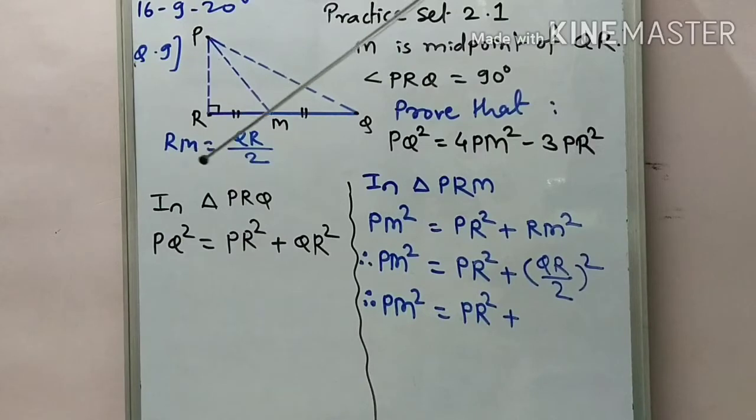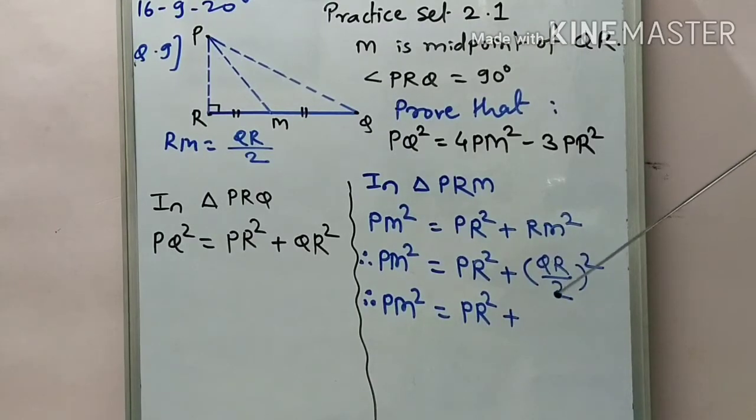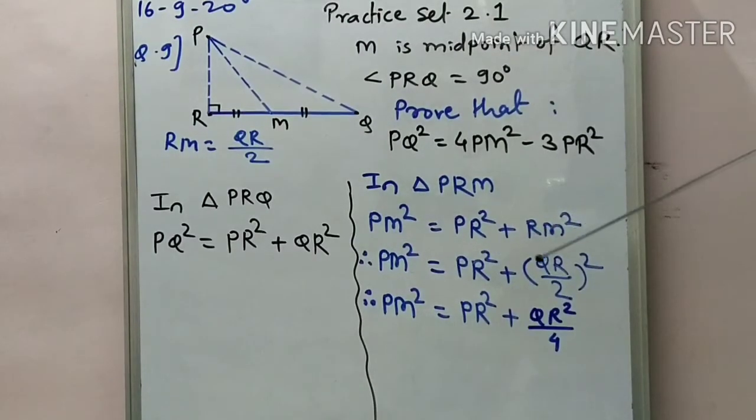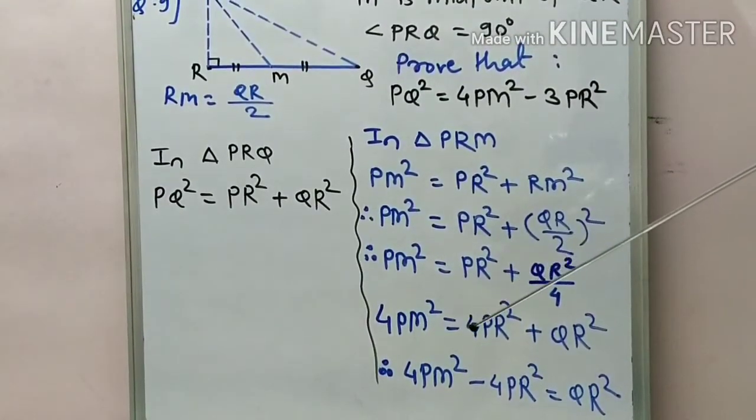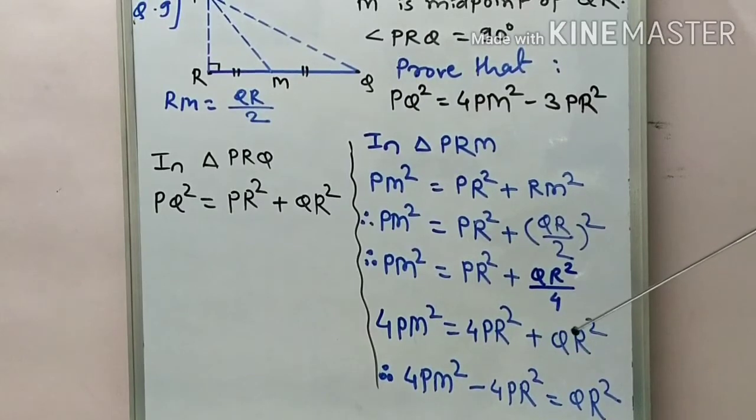Like this. RM is what? QR upon 2. So we replace RM as QR upon 2 whole square, and as we open this bracket, the next step is QR square upon 4. Then multiplying each term by 4 to eliminate this 4, on both sides, we get 4PM square equals 4PR square plus QR square, as it is.